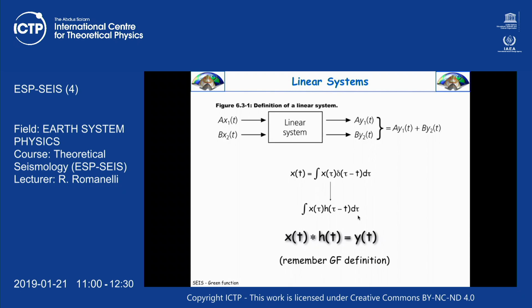If we input x, we will get a y that can be written by means of h, like this. And if you do the Fourier transform, the convolutive product will become an algebraic product. That's why it's easier to perform filtering in the frequency domain. Okay, h here is usually called the impulse response. We can call it the Green's function.